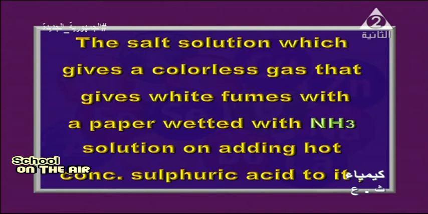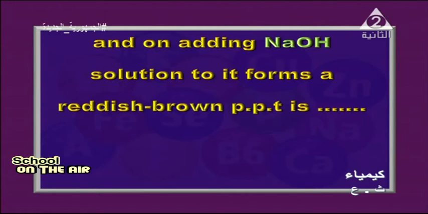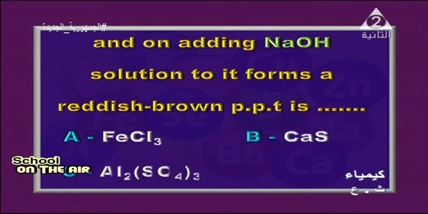And on adding hot concentrated sulfuric acid to it, and also on adding sodium hydroxide solution, it forms a reddish brown precipitate, so it will be iron 3 ion. So here the salt is iron 3 chloride, or calcium sulfide, or aluminum sulfate, or iron 2 sulfide. Yes, it will be iron 3 chloride.